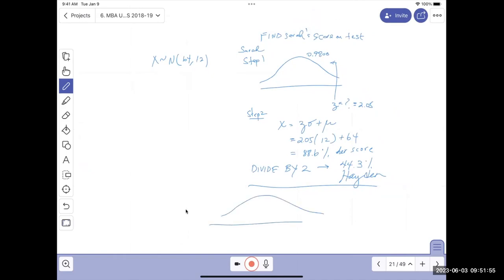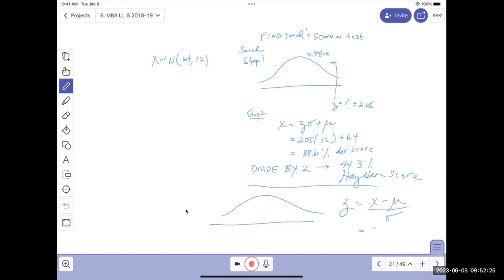for Hayden, Hayden's way over here. We're going to find out, but first I'm going to standardize, right? So I take Hayden's score, and I need to find out how many standard deviations away he is. So Z is X minus mu over sigma.